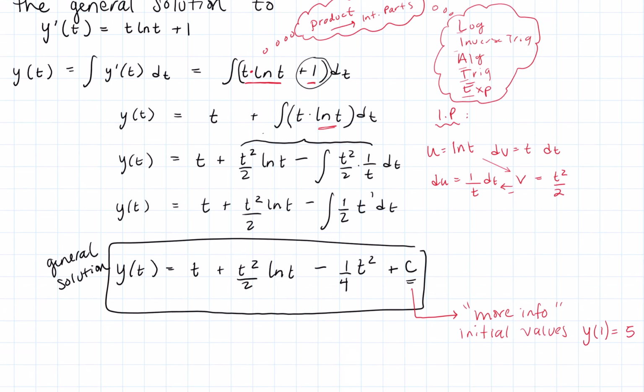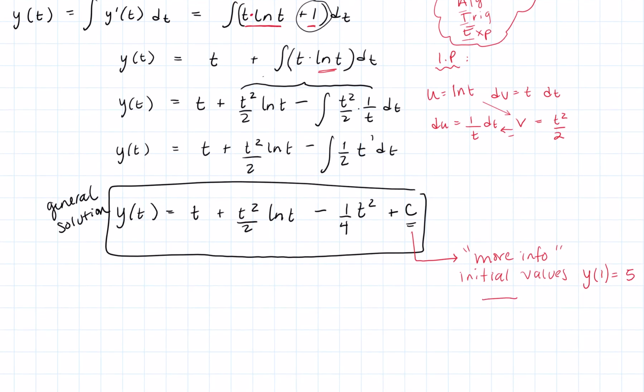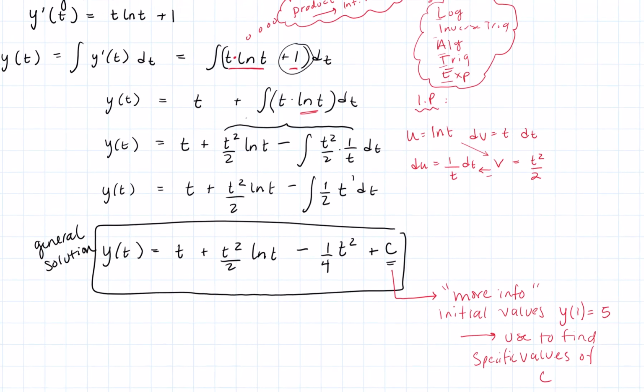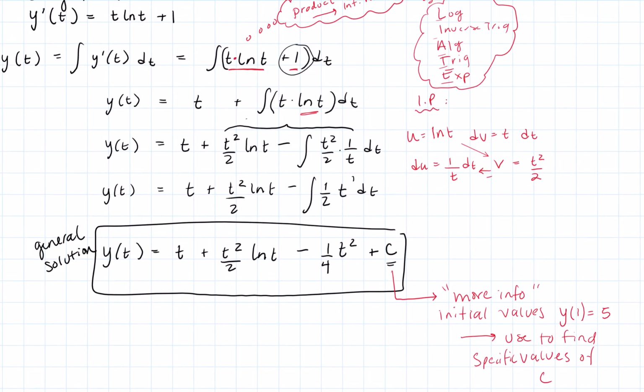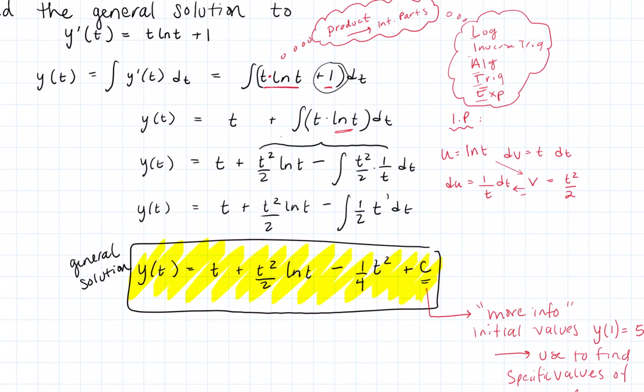We can use that information to find the specific values of those integration constants, those constants that are showing up in our general solution. So that's going to come on the next video. But for now, we're looking for just the general solution. So this is our general solution to this differential equation.